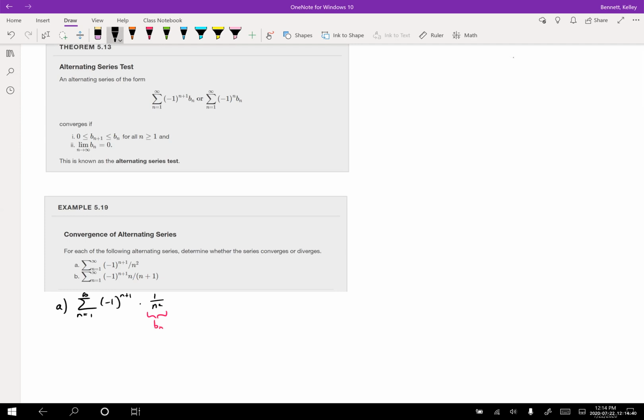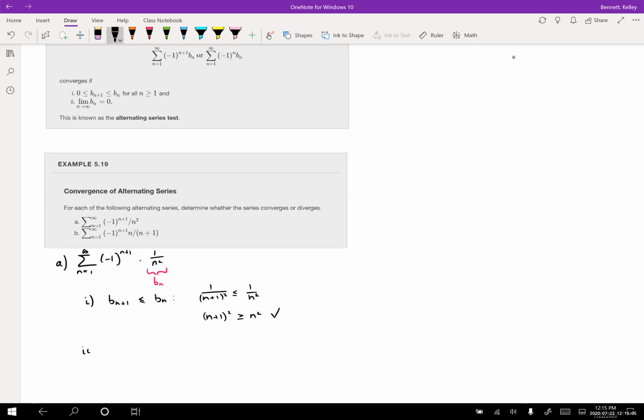So what we want to show is that B sub n plus 1 is less than or equal to B sub n. So that looks like 1 over n plus 1 squared is less than or equal to 1 over n squared. And certainly that's true because n plus 1 squared is greater than n squared.